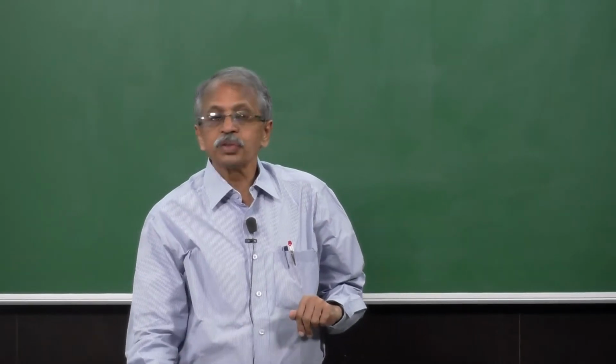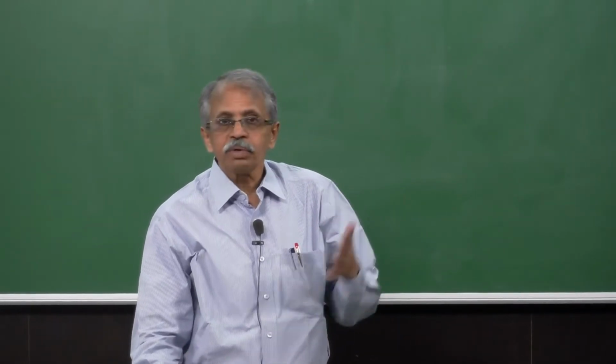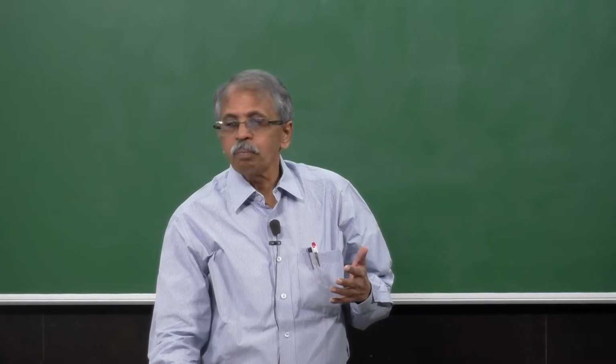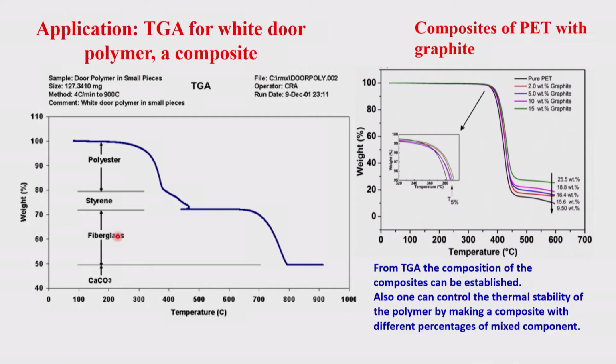So therefore you look at durability. The durability will depend upon the composition. So if you are a smart enough person, you can play with these composites, compositions, and come out with a composite which is more durable.